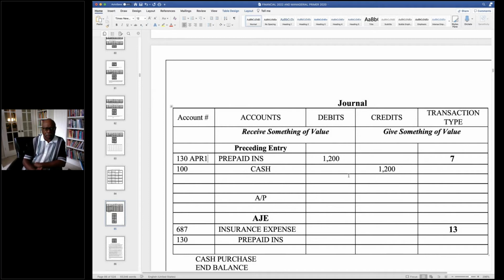But month by month, that insurance is going to expire. So if we're at April 1st, how many months are going to expire? Up until December, right? That's 8 months. Who else on your team?